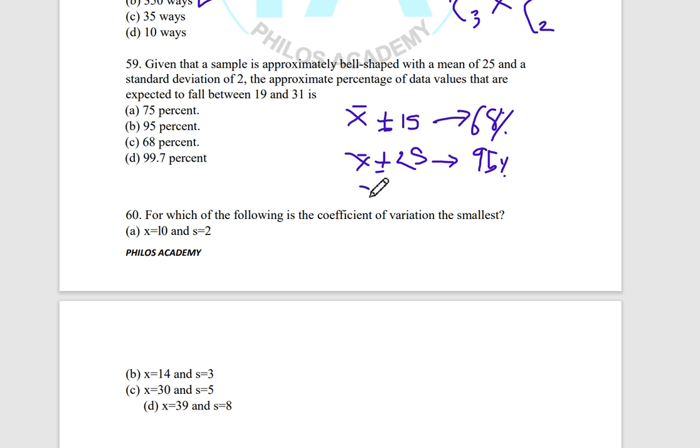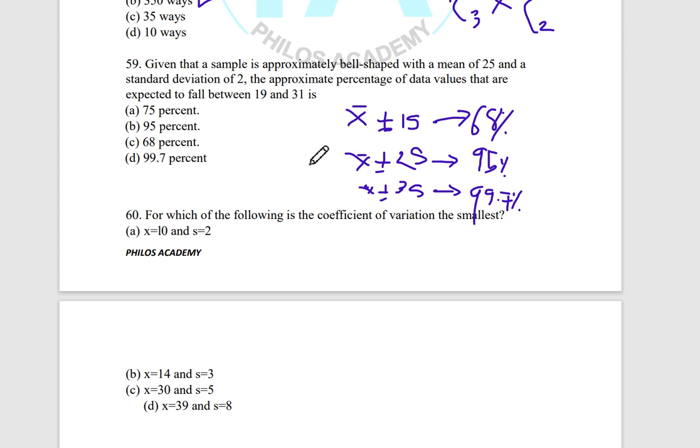Also, the mean plus or minus three standard deviations will have approximately 99.7% of the values within them. So the answer is between B, C, and D.